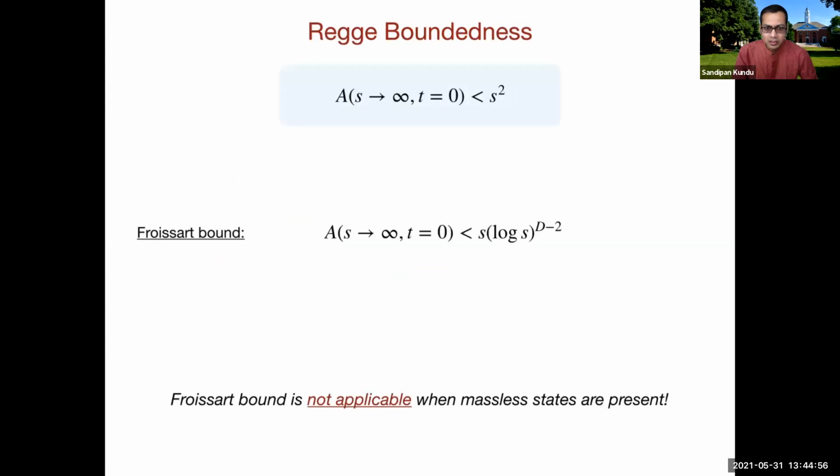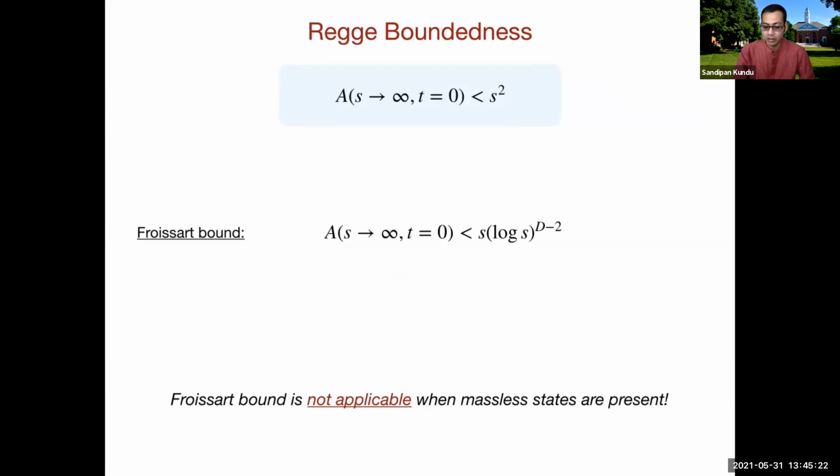As I said, one can justify the Regge boundedness condition when there is a mass gap in the theory, where this condition is actually implied by the Froissart bound. But as I said before, the Froissart bound is not applicable when massless states are present.